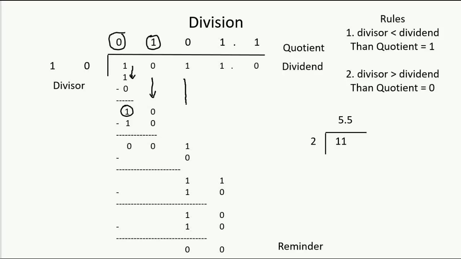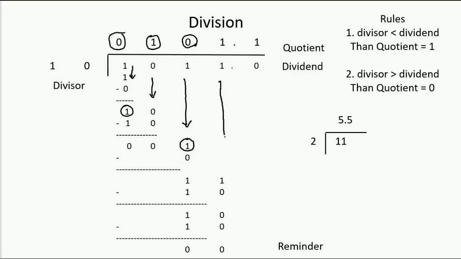Again you bring down the 1. Now this 1 is less than the divisor 10, so we put the quotient as 0, and multiplying 0 with 10 gives 0. So 1 minus 0 is 1 over here.